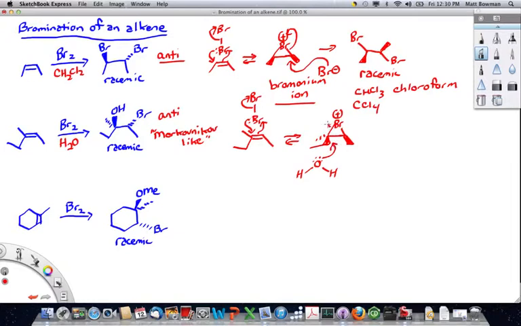And it's going to attack on the more substituted side. You can show this step as reversible or irreversible. Sometimes they are, sometimes they aren't, so we're not going to hold you to it.